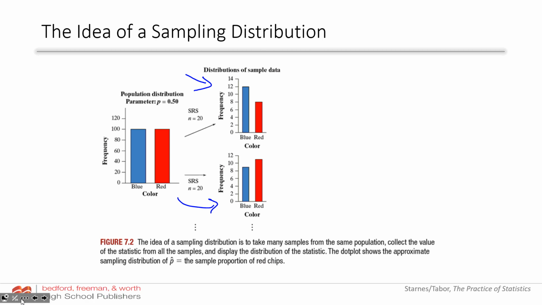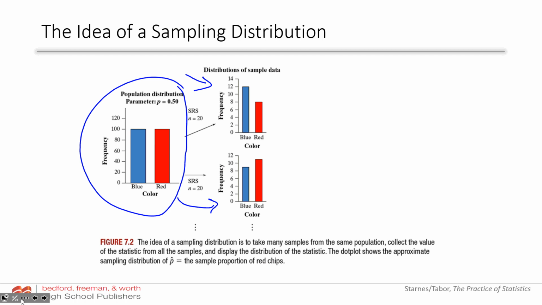So my individual samples are not always going to have 50% red, 50% blue. Sometimes they might, but sometimes they won't, right? But overall, I would expect most of my samples to have close to 50-50. Could I come up with a sample of 20 chips and have only 5 blue and 15 red? Yeah, I could. But if the population were really 50-50, that shouldn't happen too often.